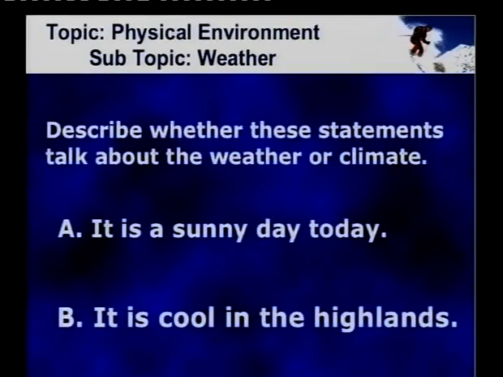Okay, quickly, I want you to look at those two statements. I want you to discuss the question, the two statements. Which statement is weather and which statement is talking about climate?